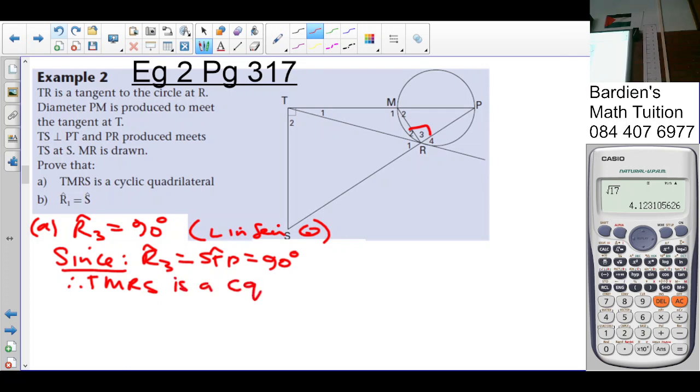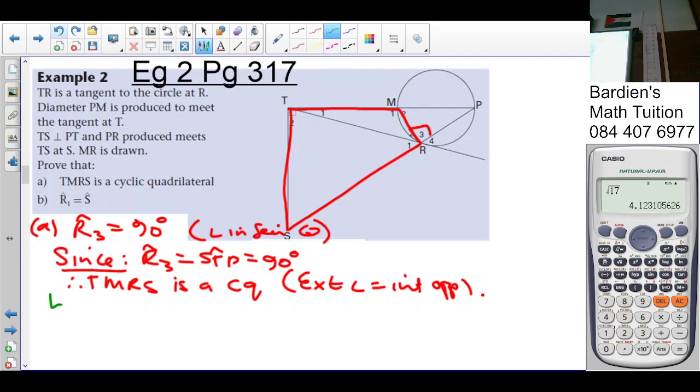Why? Because the exterior angle equals the interior opposite angle. So now all cyclic properties are evident or can be used in that case.